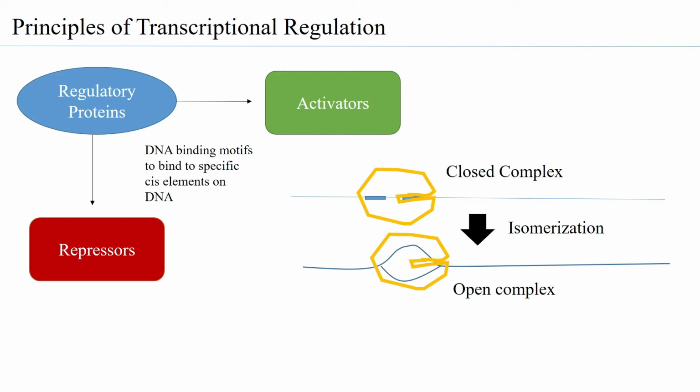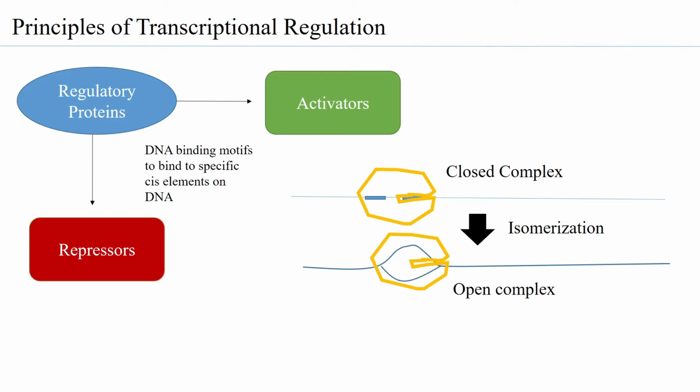If one has to look at controlling regulation, then it is at this step. Because after it goes from closed to open, it can only move forward, it cannot go back. So the way to control is to ensure that the closed complex does not go to the open complex if you want to prevent the transcription.